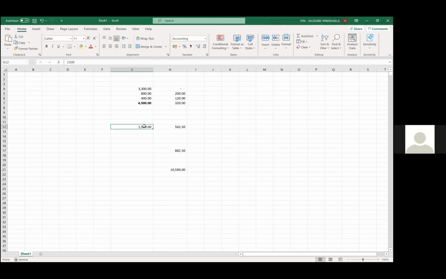Then they have got a second employment which gives them 2,000. And now the instruction to the second employer is that they should tax them at the highest band, which is 37.5%. So 37.5% of 2,000 will give us 750 as tax. So they will have gotten the 4,500 from their full-time employment, and the tax they're supposed to pay on it is 320 kwacha.